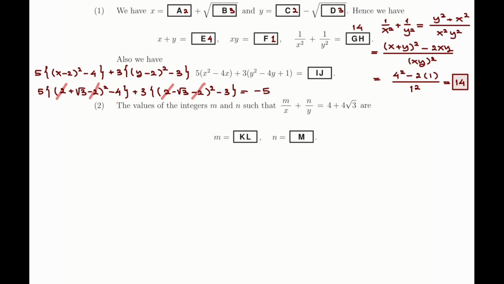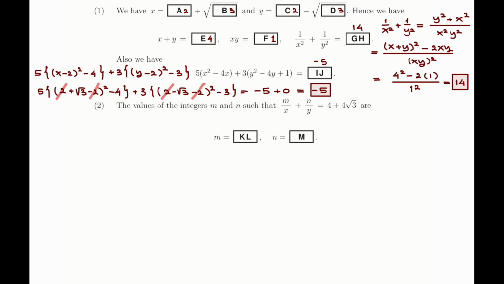And then for the second term, negative square root of 3 squared, you get 3. 3 minus 3 is equal to 0. 0 times 3 is equal to 0. So my final answer for i and j is negative 5. So i is negative sign and then j is equal to 5.